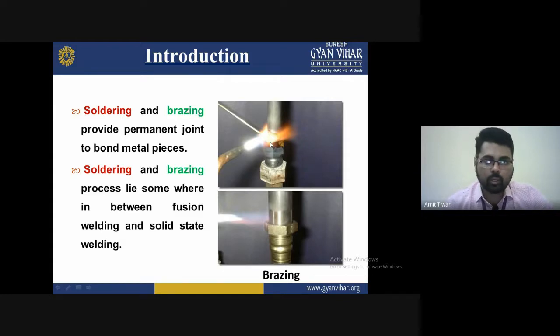You do not require electric arc welding, thermal welding, or plasma arc welding, because these are used for high-end applications or heavy structures. But if you join the smallest particles or a small area, then brazing and soldering will help you. That's why it is a very common and rapidly adopted process for joining metal, similar or dissimilar.